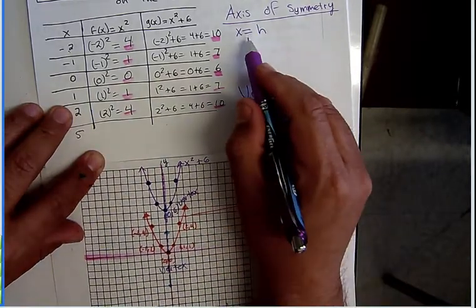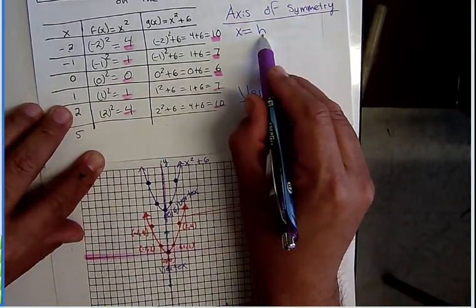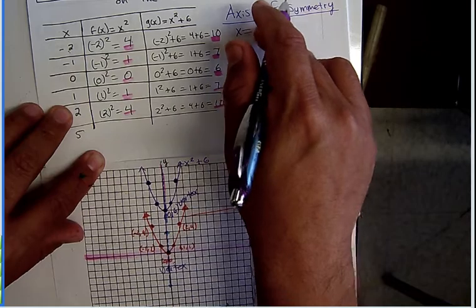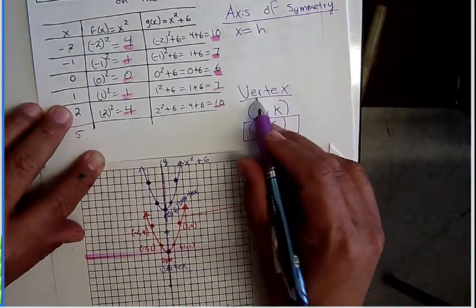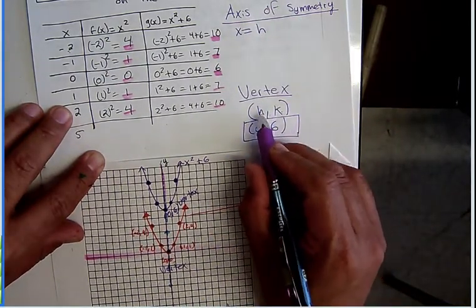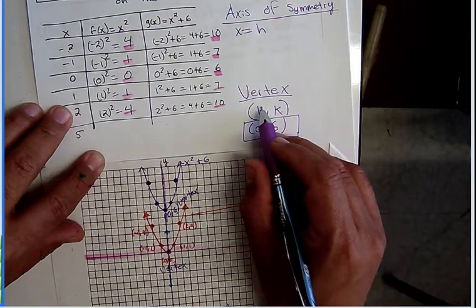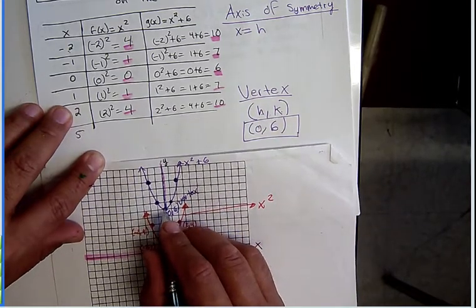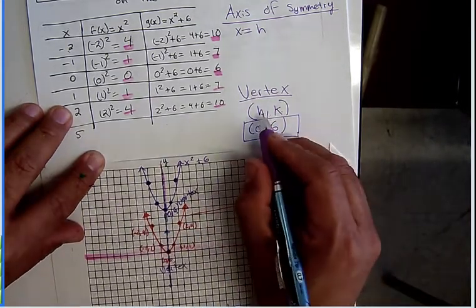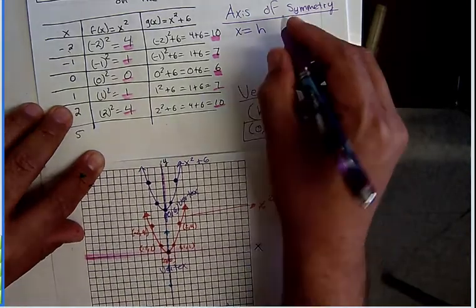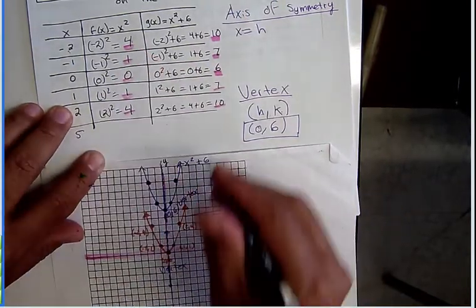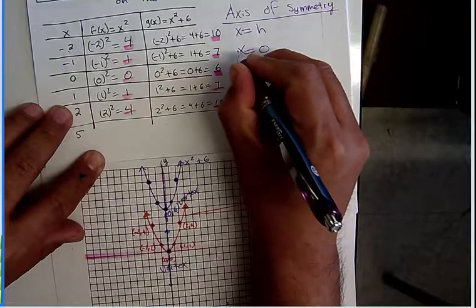Mathematically, this is how you denote it: x equals h. Remember the vertex is (h, k), so the h is just the x value of the vertex. For this purple one, what's the h value? 0. So the axis of symmetry for this graph would be x equals 0.